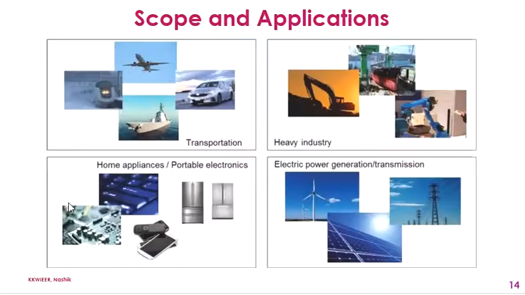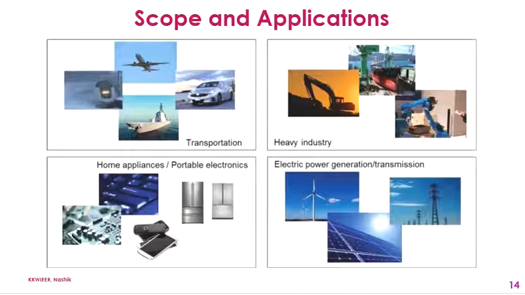It can also be used in transportation, heavy industries and electric power generation transmissions, home appliances, portable electronics and so on. There are numerous applications of power electronics. I couldn't list all of them here, so you better explore more.